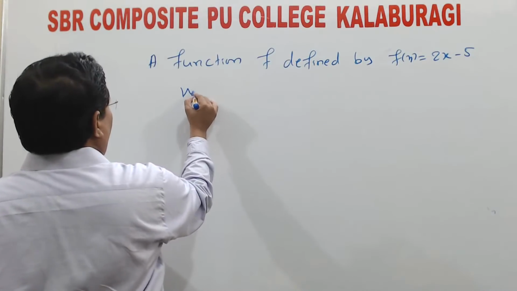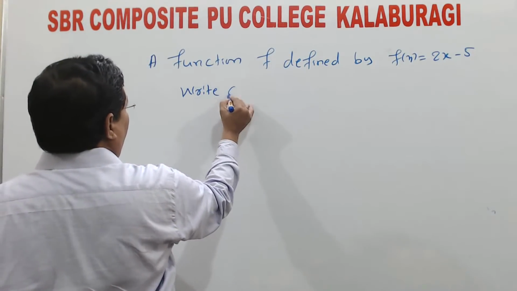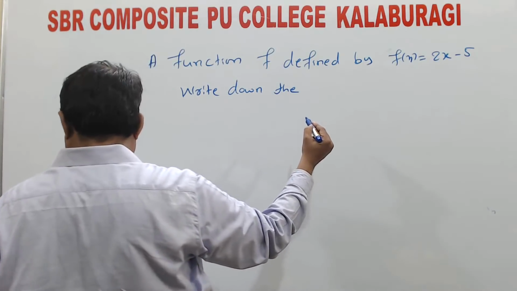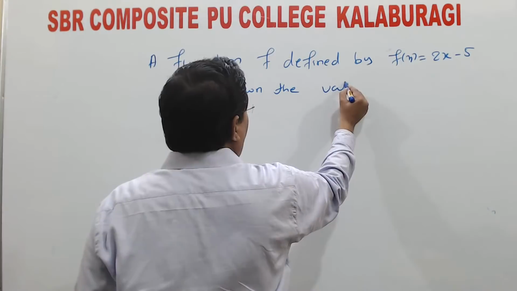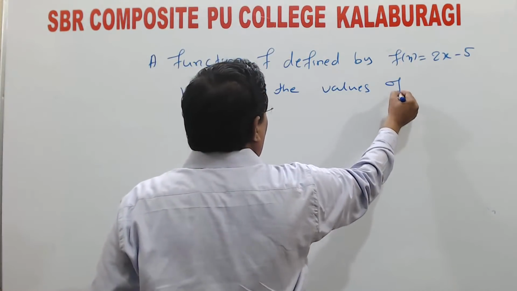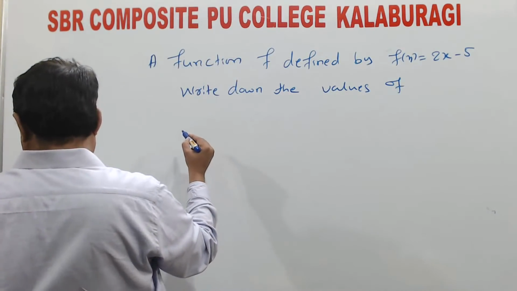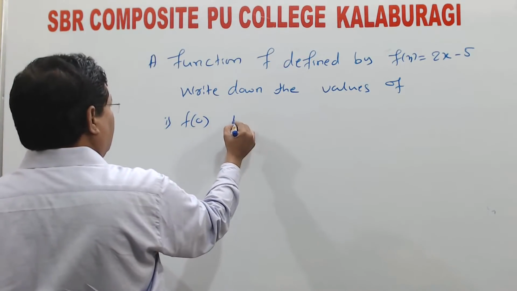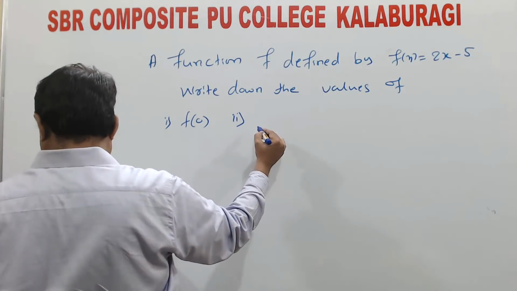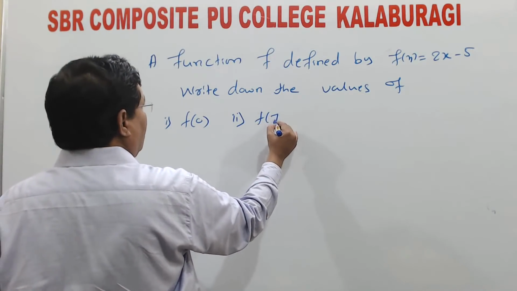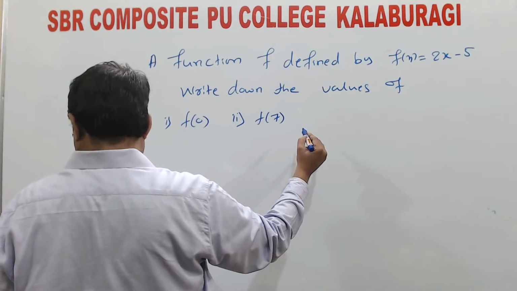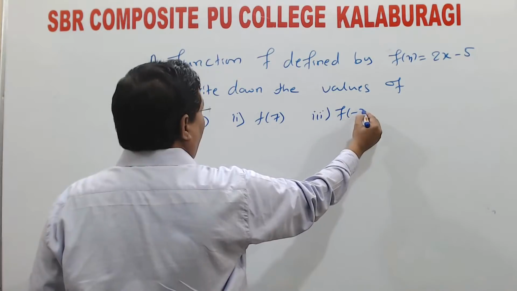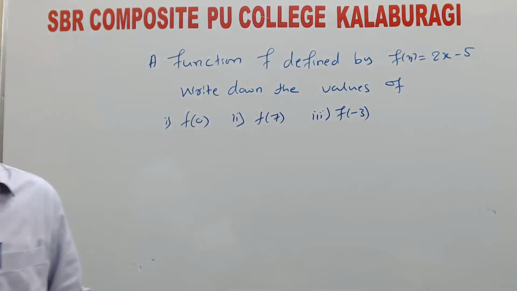Write down the values of f of 0, first question. Second question, f of 7. Third one, f of minus 3.